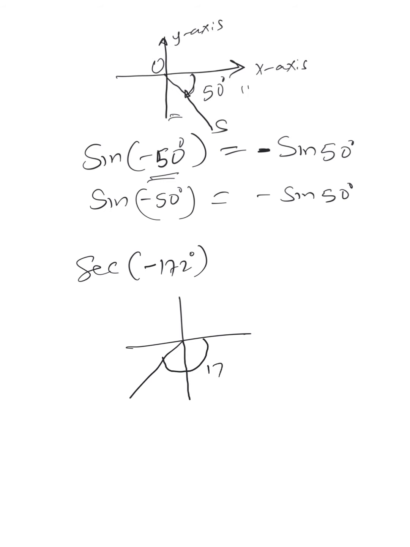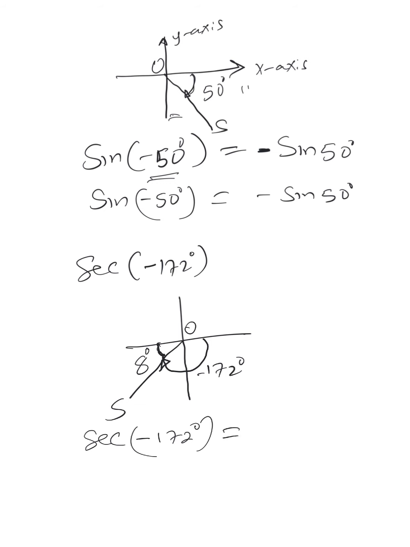If I put an arrow here, it already shows the direction of measurement, so I don't need to include a negative. If you want, you can include it, there's no problem. But the point of interest is the angle between OS and the x-axis. This is the acute angle they're talking about. So 172 plus 8 degrees makes 180, so the acute angle is 8 degrees.